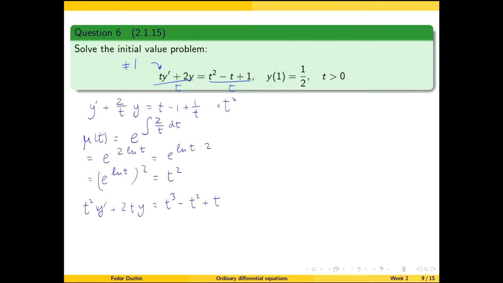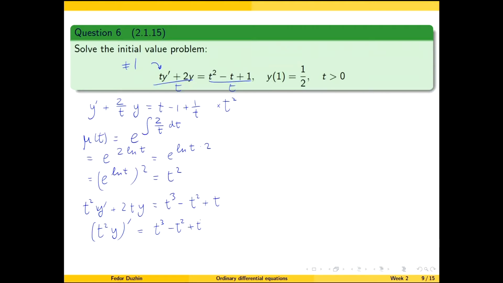Okay, so now the whole point of doing the integrating factor is that the left hand side of our differential equation becomes the derivative of the product, t squared times y, prime. This is t cubed minus t squared plus t.